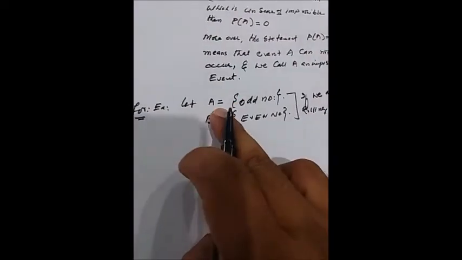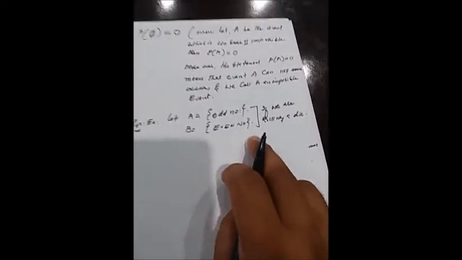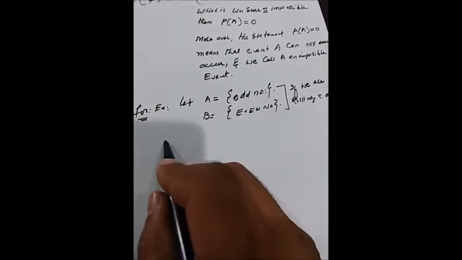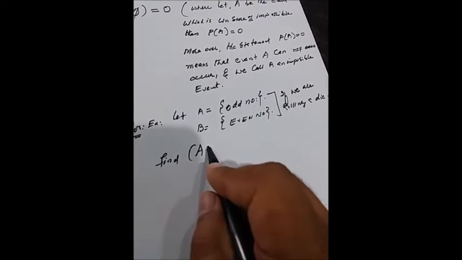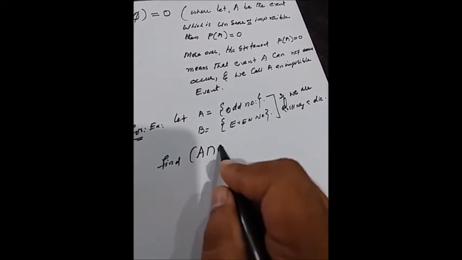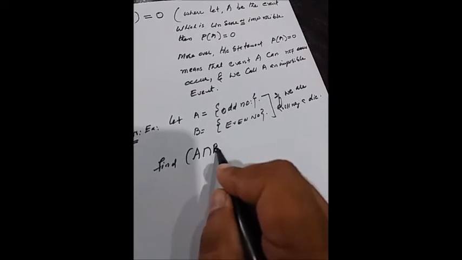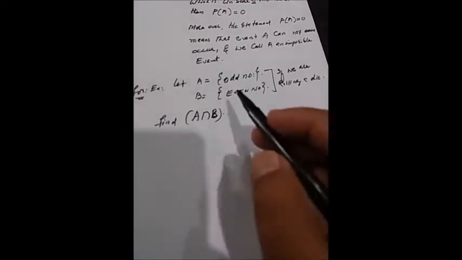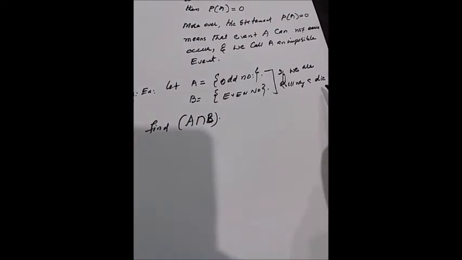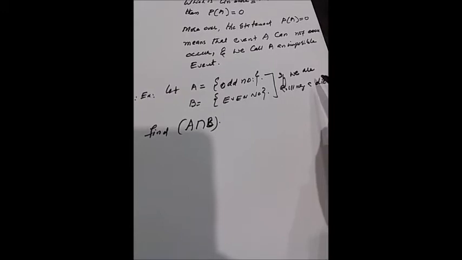Let set A contain odd numbers and set B contain even numbers. Find A intersection B. A die contains 6 sides, numbers 1 to 6.